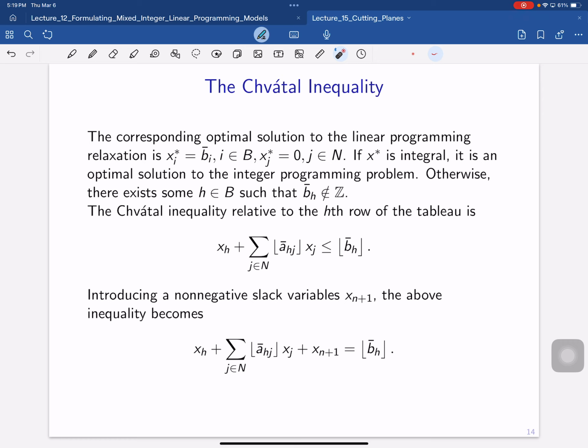Even if you don't remember the simplex algorithm, you can just believe me that this constraint, the original linear inequality, is a constraint that is derived from the original linear programming relaxation, and then I apply the round down operation to this inequality. Okay, and then since the left-hand side is integer here, the right-hand side is also integer. I can add a slack variable that is integer here, right?